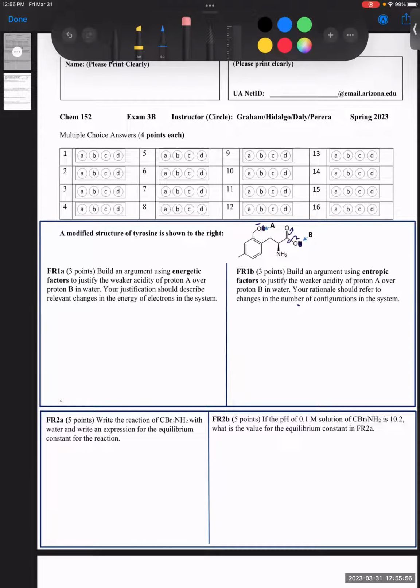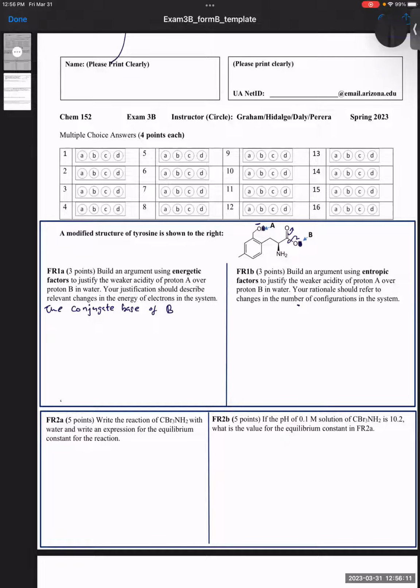The conjugate base of B is more stable, due to the delocalization of electrons.